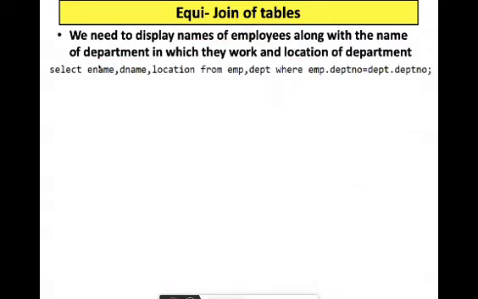So we'll write select ename. We have not written star here because we need to display specific columns only. We want to display ename, dname and location. So we have written select ename, dname, location from emp, dept.